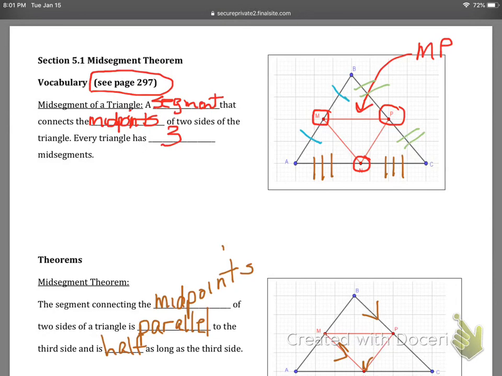Okay, these two are parallel. So they tell us that in this first line. What about the second line? If I know that this whole part of the triangle is 10, then this mid-segment theorem tells me that this little piece is going to be 5. Okay, we're going to explore that more on the next page.